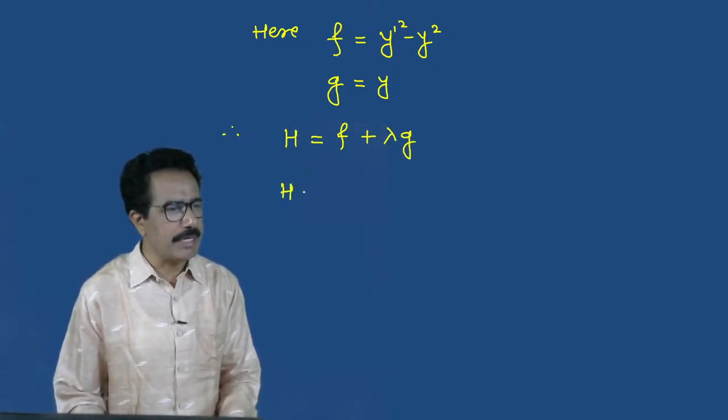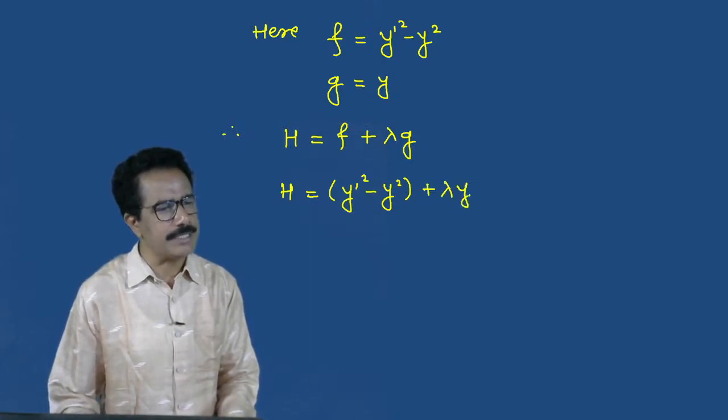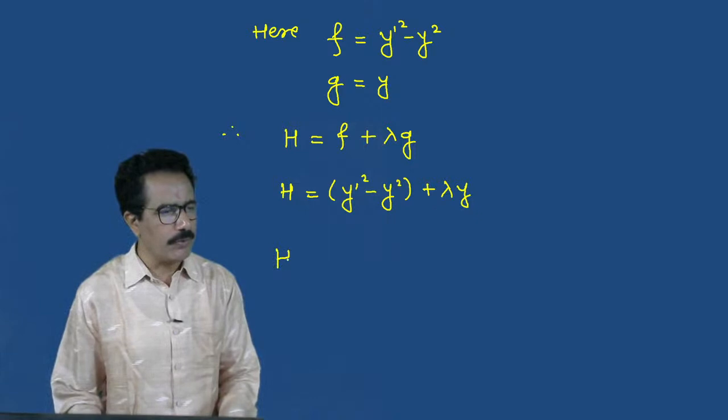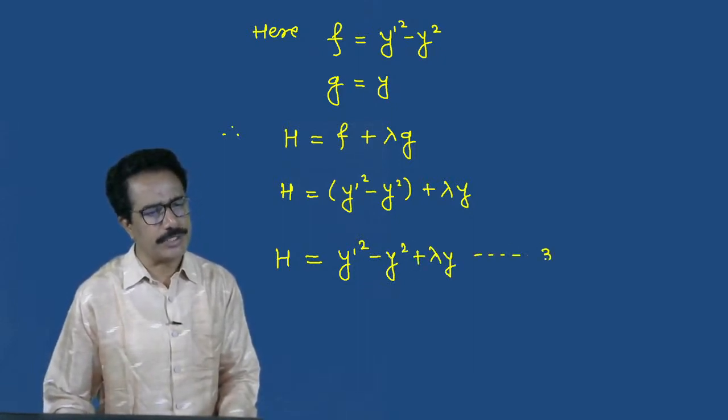So put this value: h is equal to f, meaning y dash square minus y square, plus lambda into g, meaning again y. So we can write h is equal to y dash square minus y square plus lambda y. Suppose this is equation number 3.